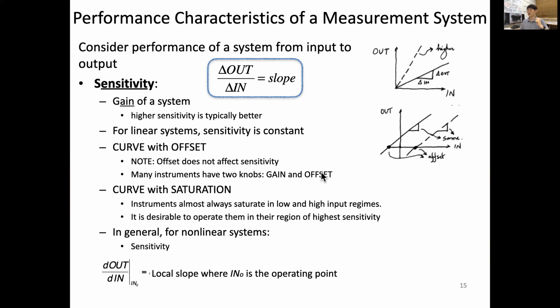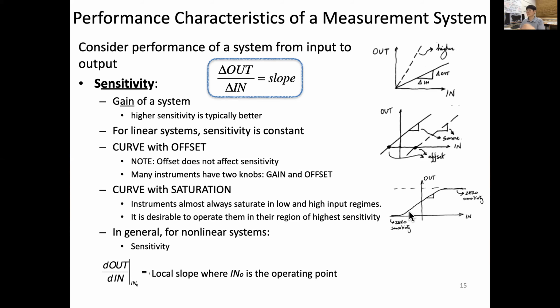We use offset. And in fact, instruments are physical, and physical instruments almost always saturate at extremely low and extremely high inputs. So there's always a regime which is the normal operating regime. You have to check this whenever you are using a bioinstrument.